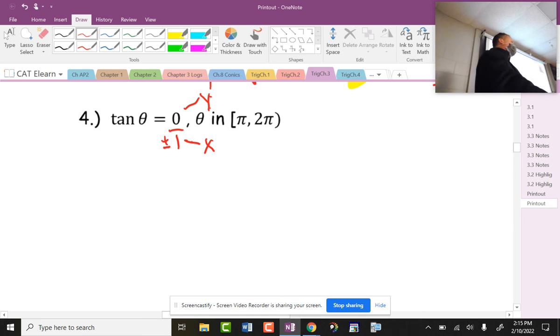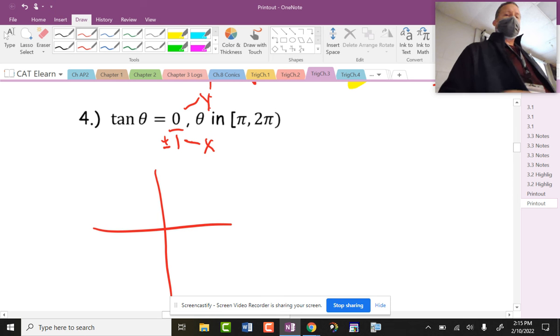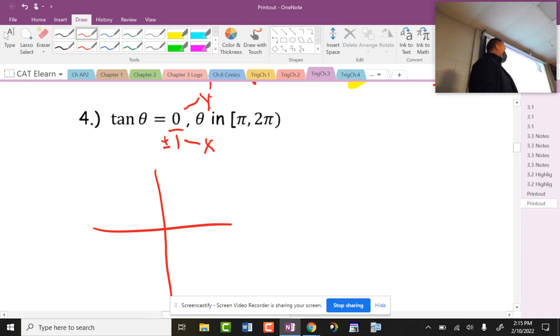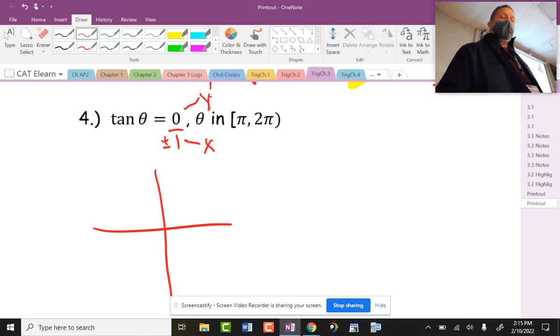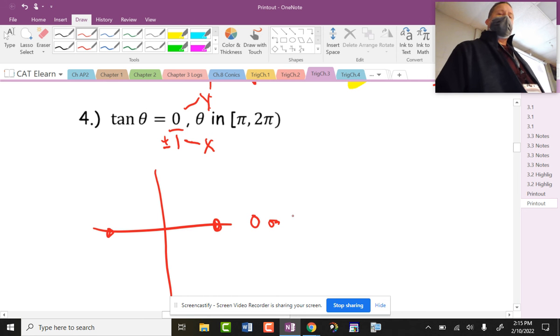Now, some people falsely make this a 45. No. Where's 1 comma 0? Where does that land? Positive or negative, x or y axis. 3, 2, 1, go. Positive x. Where's -1 comma 0? 3, 2, 1, go. Here's our two angles, which is 0 or 2 pi. And then this is pi.